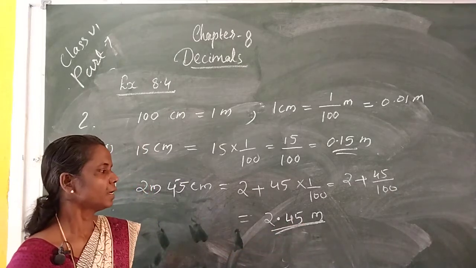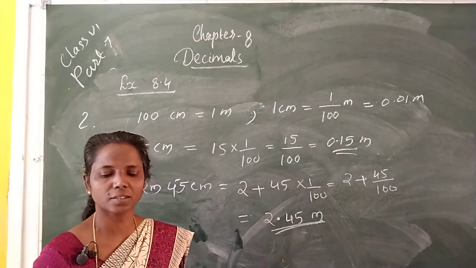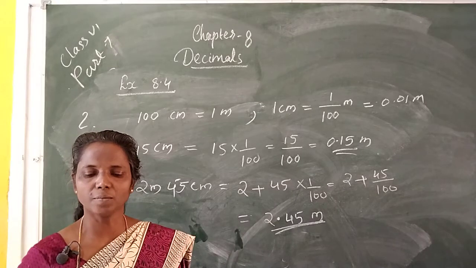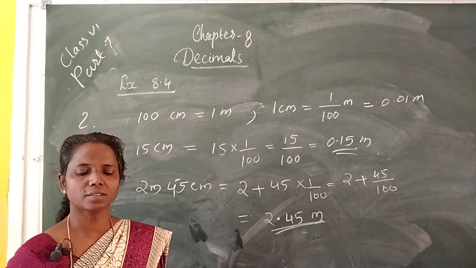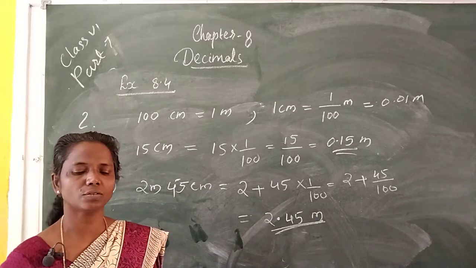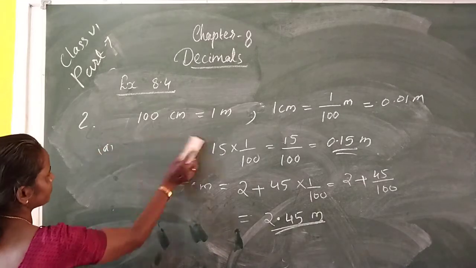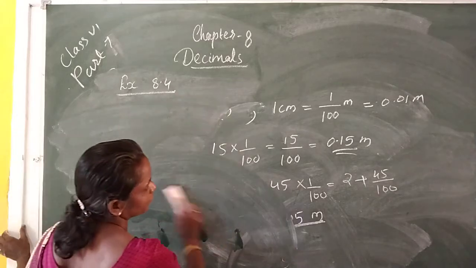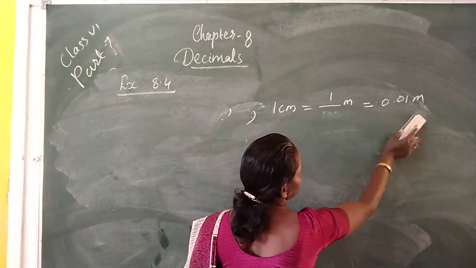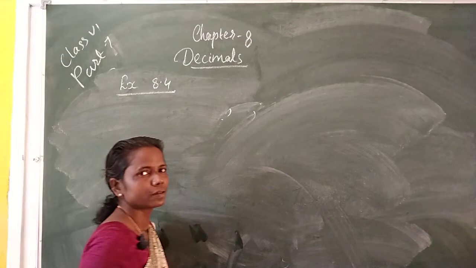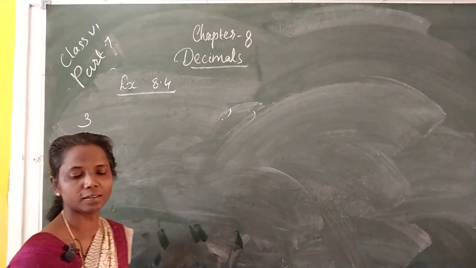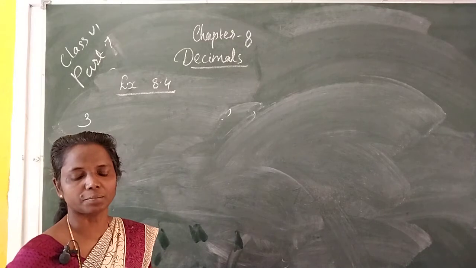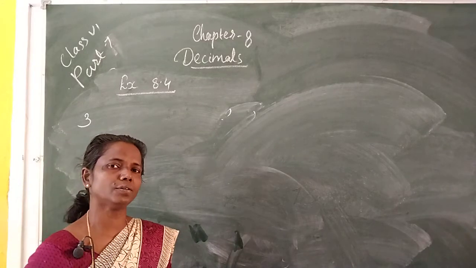2.45 meter. The next question number 3, look, express as centimeter using decimal. Here millimeter is given, millimeter convert into centimeter.